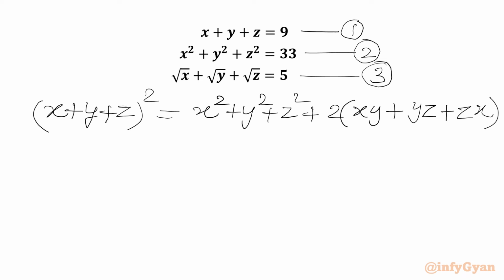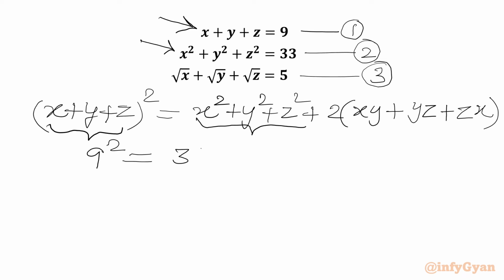Now we have to plug in all the known values. x + y + z, this is our equation 1. We can write 9² in the LHS. Then we have x² + y² + z², it is 33. We will write here 33 + 2 times (xy + yz + zx).